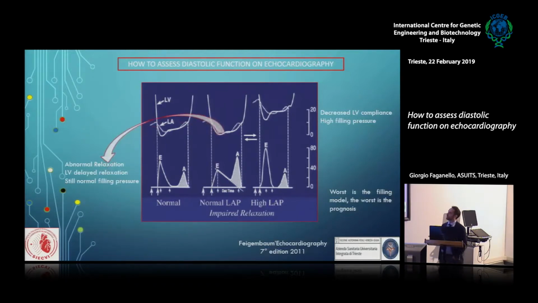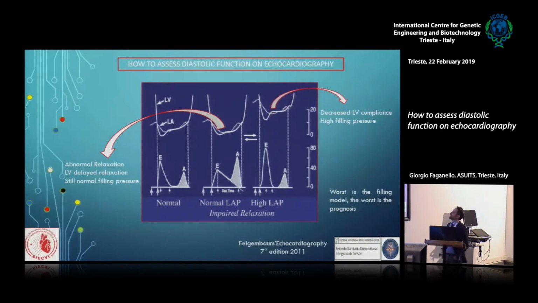So if you have an abnormal relaxation, there will be a delay in this fall of pressure in the left ventricle. So it will take longer. And so you will get an inversion of the E/A waves. This comes along with age. It's not always a disease, okay? Older people have this problem.